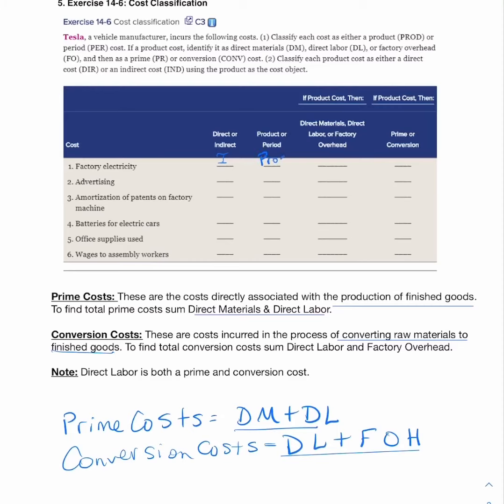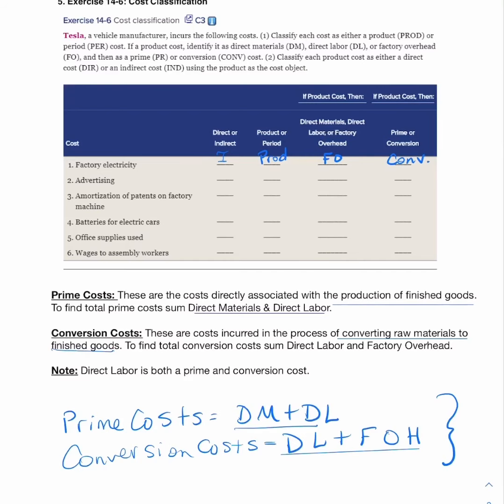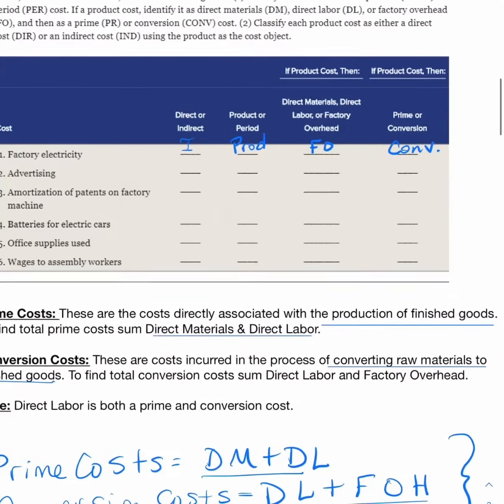And this is in fact a product cost. Next, since it is a product cost, is it direct materials, direct labor, or factory overhead? This is factory overhead, and factory overhead, if we look down here, is that a prime cost or a conversion cost? That is a conversion cost. So we've got the first one done.